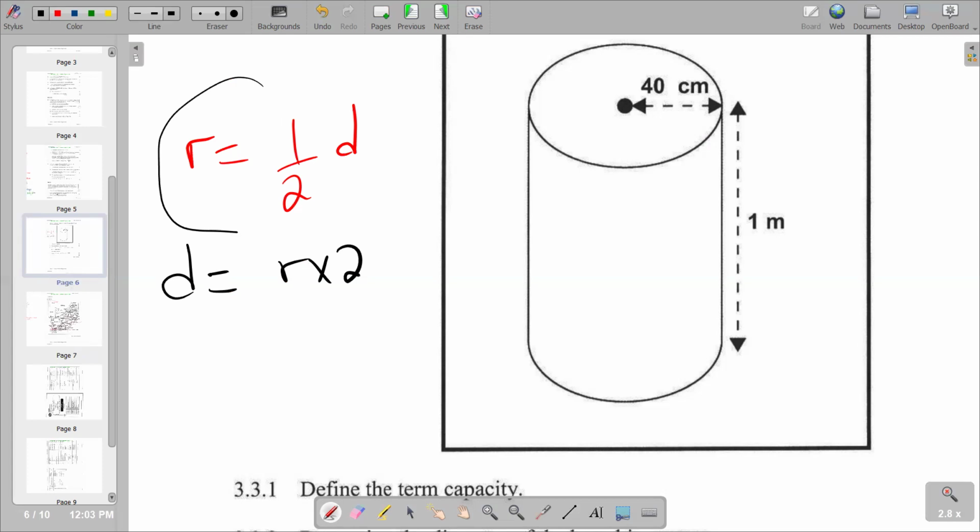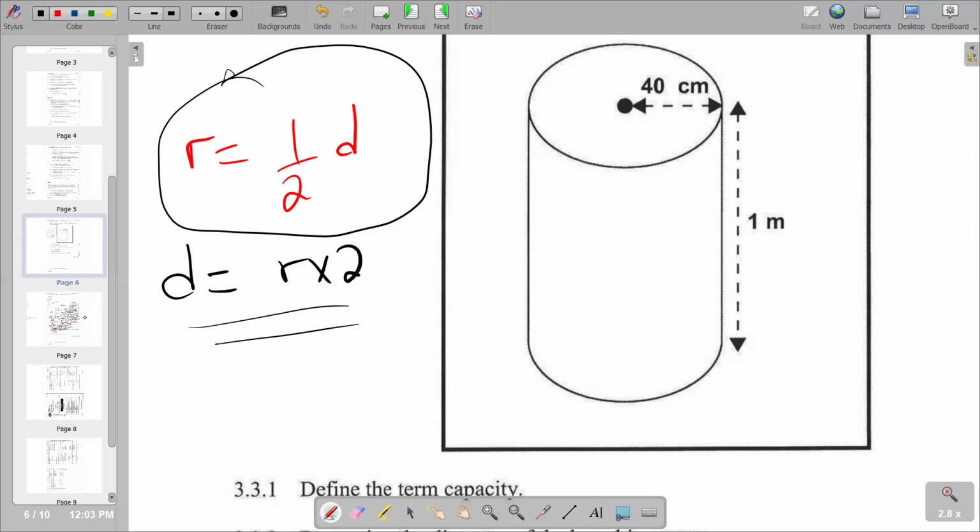So in this sense, we are concerned about this first conversion. We want to convert our radius to diameter, so in that case we are going to multiply. We say our radius 40 centimeters, then multiply by 2 to get our diameter. So exactly as we have that.